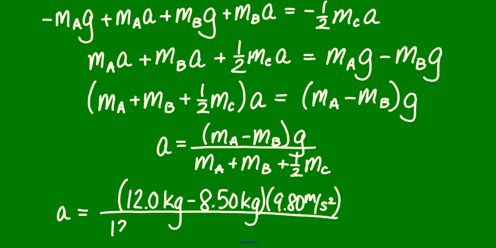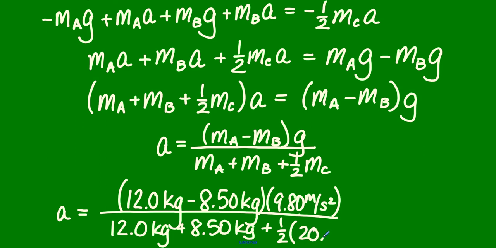And again, in the denominator, I have 12 kilograms plus 8.5 kilograms plus 1/2 times the mass of that pulley, which we're given to be 20 kilograms. When I plug all those numbers into my calculator, I end up finding an acceleration with the magnitude of 1.12 meters per second squared. That was my answer to part B of my problem.